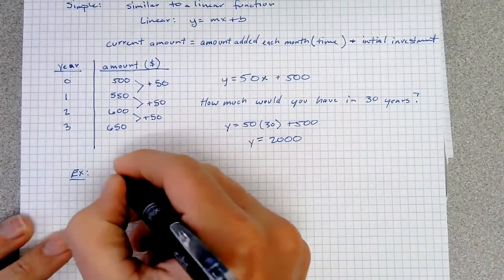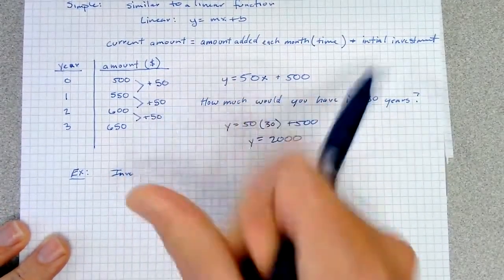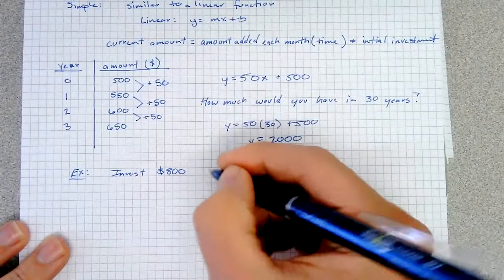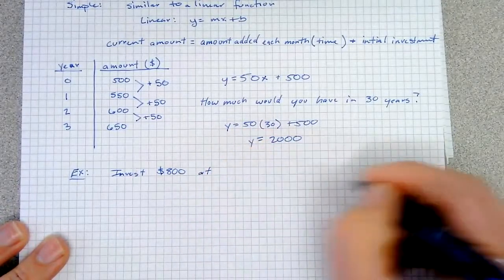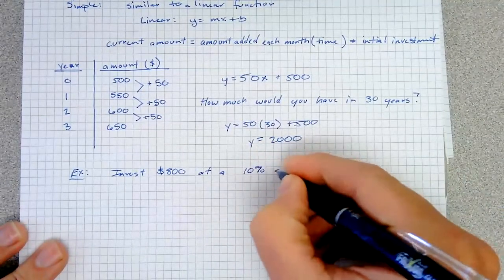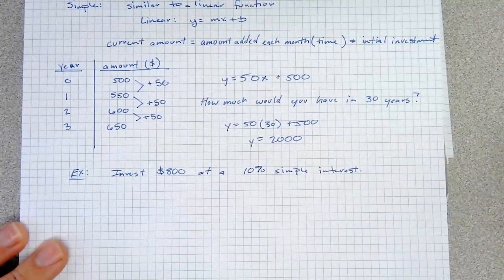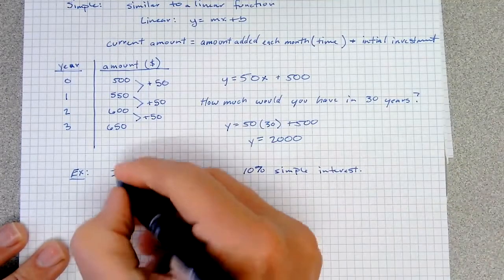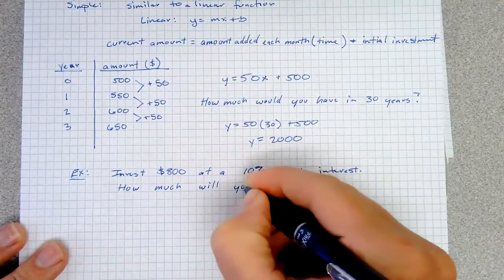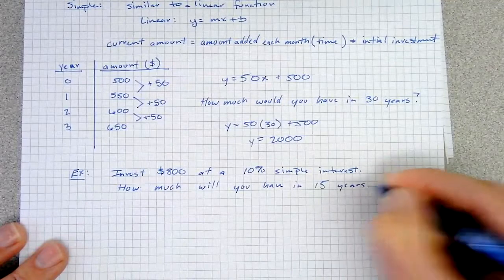Let's say you invest $800 at 10% simple interest, and we want to see how much we'll have in 15 years.